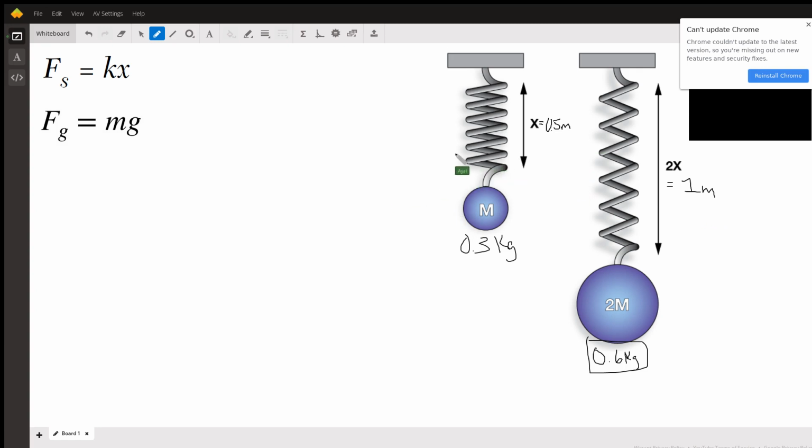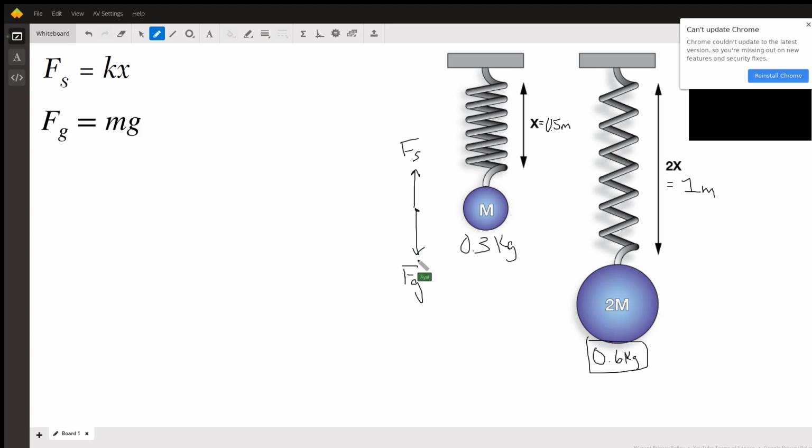Now, why does that happen? Why does that work? Because since this mass is not moving, we'll draw a quick free body diagram. We have two forces acting on it. We have gravitational force, and we have the spring force, Fs. And they must be both equal because the mass is not moving back and forth, not moving at all.